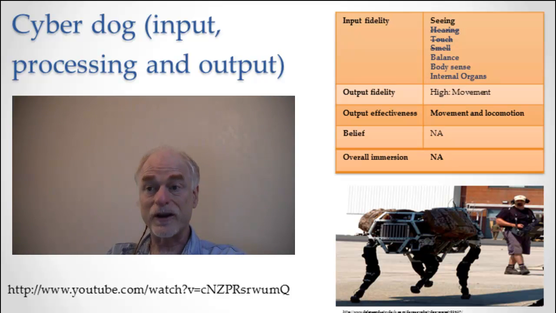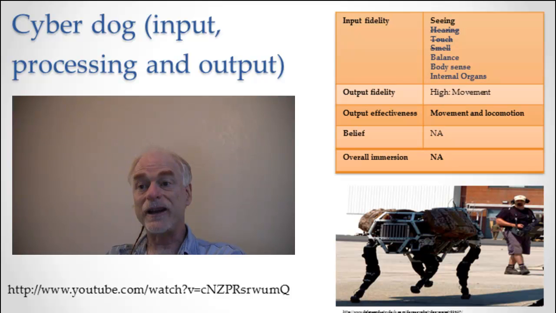So let's look at the rubric for this, right? What has it got on input? It can see. It has an actual visual system. I don't think it has a hearing system. I read about it, and I don't think it has a hearing system. It doesn't do anything with sound. It doesn't do anything with touch or with smell, but what it's really got going for it, and this is a big deal, is it has high input fidelity on things like balance.